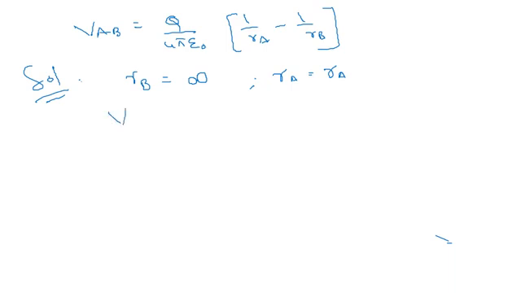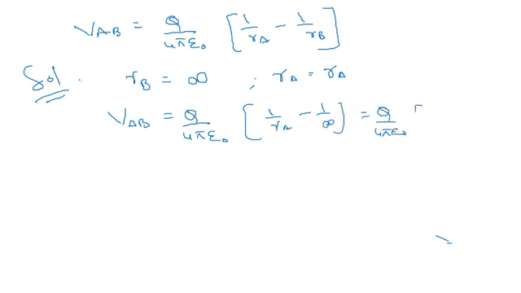Now this equation becomes VAB is equal to Q by 4 pi epsilon naught, 1 by RA minus 1 by infinity. So what will you get now? Q by 4 pi epsilon naught, 1 by RA minus 0.